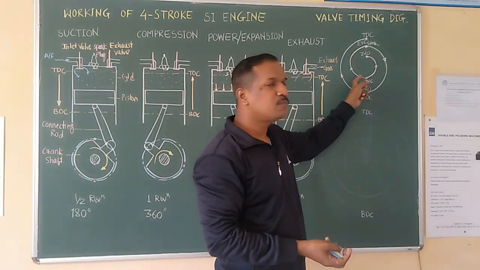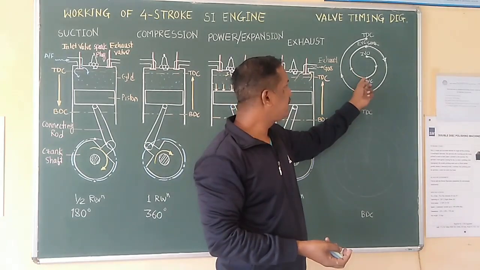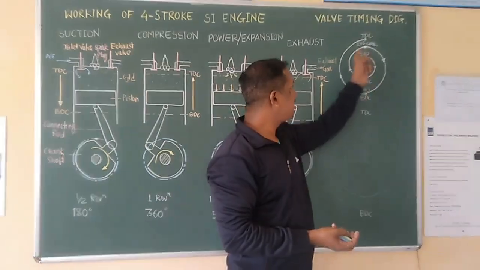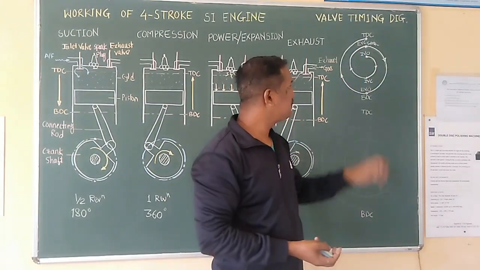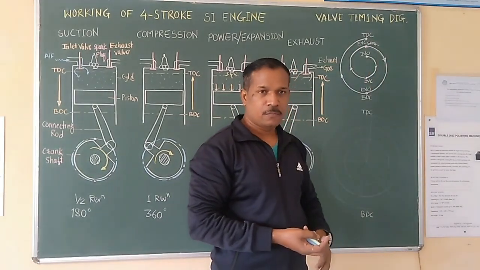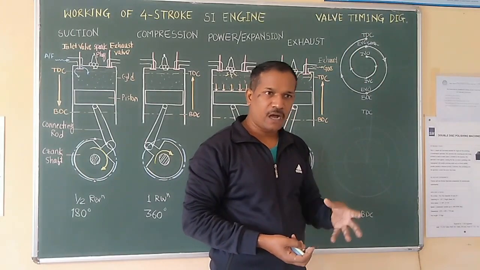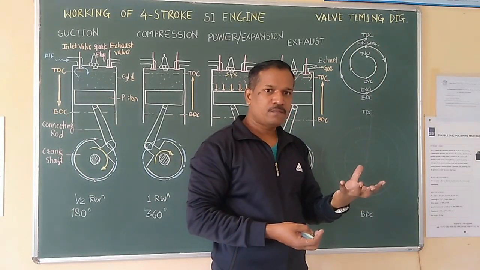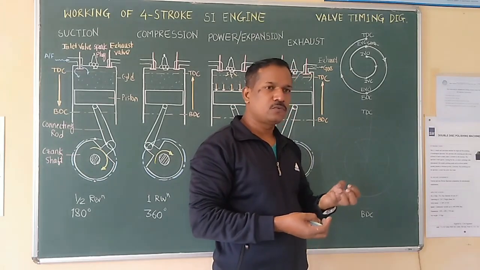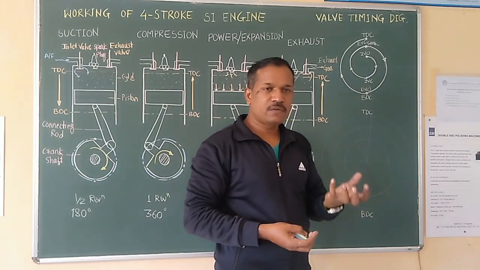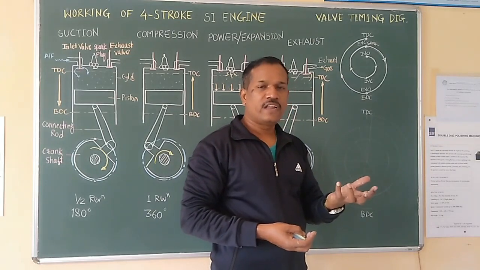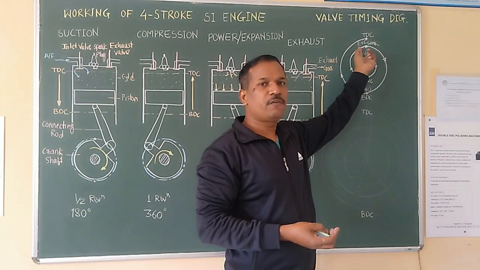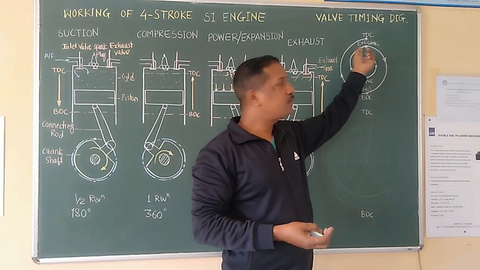So it requires some more time. So inlet valve or exhaust valve operations never happen exactly at TDC or BDC. And the same for the spark plug also, because when we put a spark, it requires some time to catch a flame, some time to reach a sufficient temperature and a burning flame front. For that we have to produce the spark a little bit before the TDC.